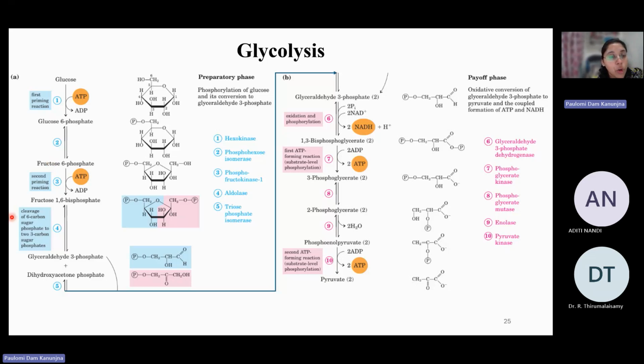If you have more of fructose 1,6-bisphosphate, then this step is inhibited. And this step inhibition means there is no more fructose 1,6-bisphosphate formation. If you have less of fructose 1,6-bisphosphate, there's a demand in the cell for more ATP, more energy. So this reaction will take place, right?